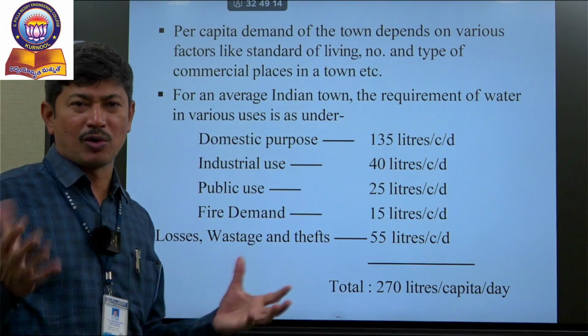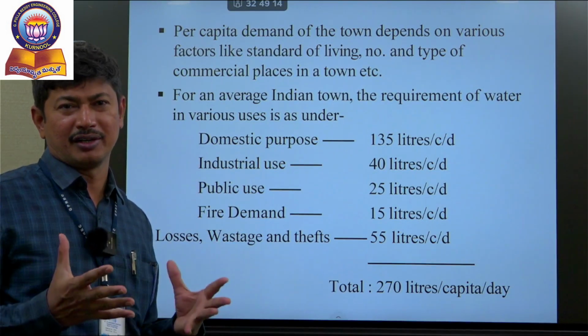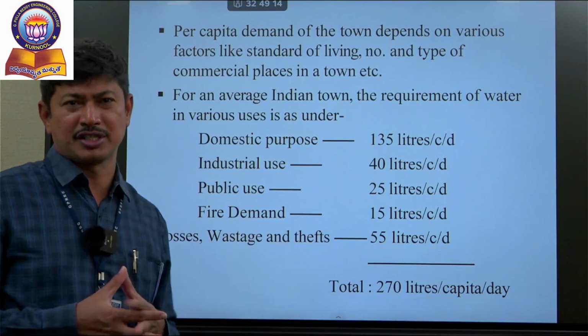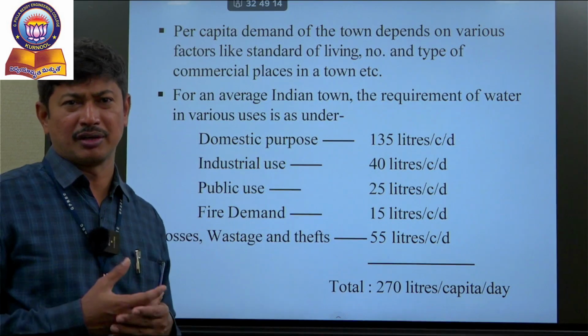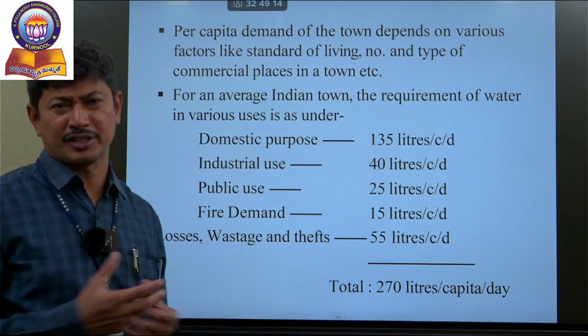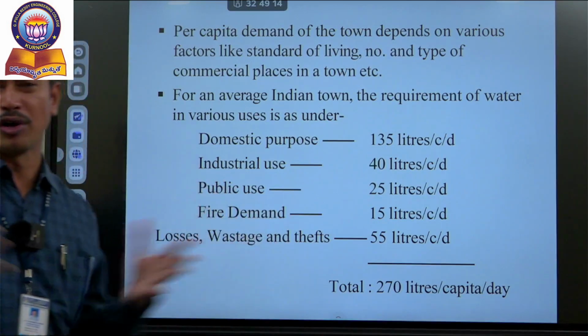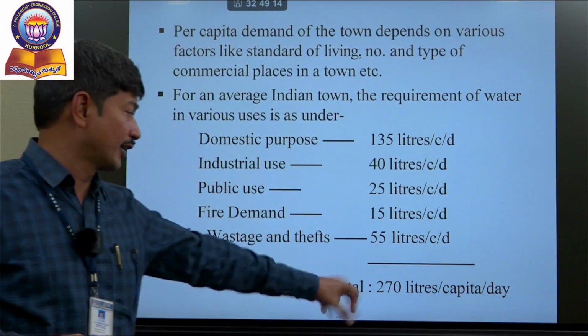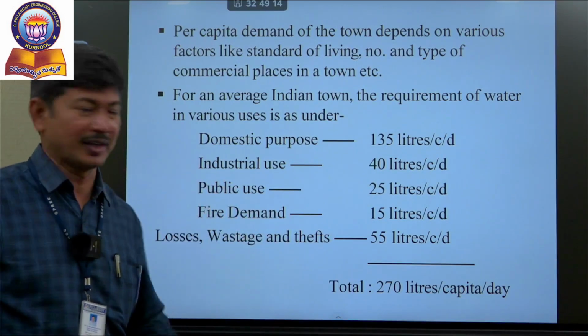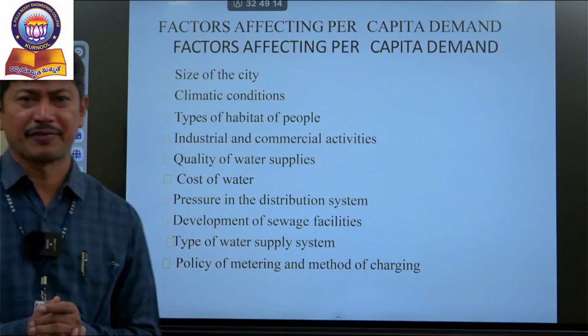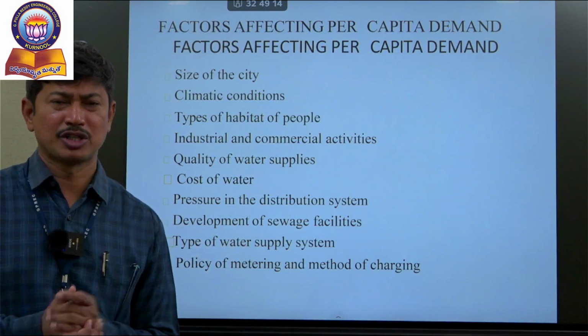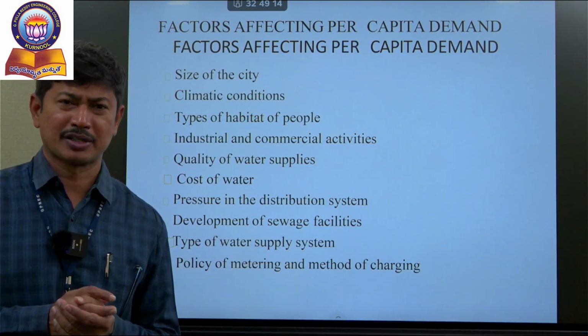So any town or city is not only residential houses; there are many commercial houses, industrial, and there are public parks and fountains, everything. So to meet all needs, a minimum of 270 liters per capita per day is required. Then what are the factors affecting this 270 liters per person per day?